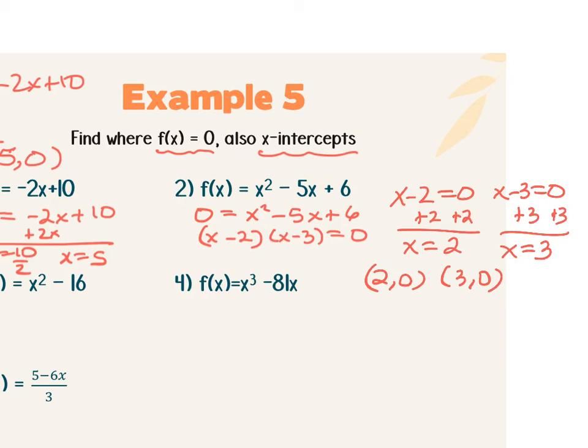So if I were to graph this, remember it's an x squared, so it's a quadratic equation. My y-intercept is going to be the positive 6. And then my two x-intercepts would be 2 and 3. So it would be here. So my graph would go something like this. The x-intercepts are where your graph touches the x-axis.